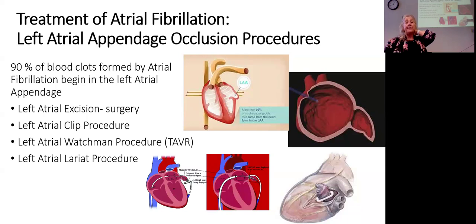The most common one that they do now, and they also do a lariat procedure, which is a similar type of thing. They go through the groin, they put one catheter into the left atrium, and that has a magnet on it. And then they put another one that goes not into the heart, but around the heart, on the outside, right by that appendage. It's also got an opposing magnet in it.